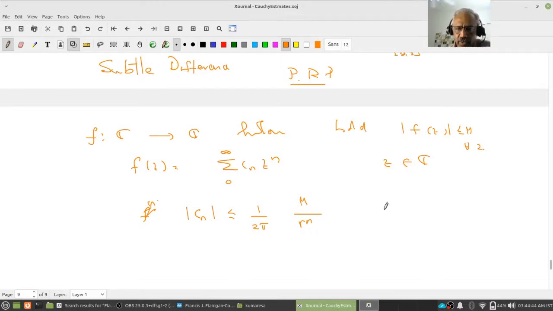So if n is greater than or equal to 1, by letting r tend to infinity, I say for all n greater than or equal to 1, c_n is 0. That means f is a constant. So this is our Liouville's theorem.